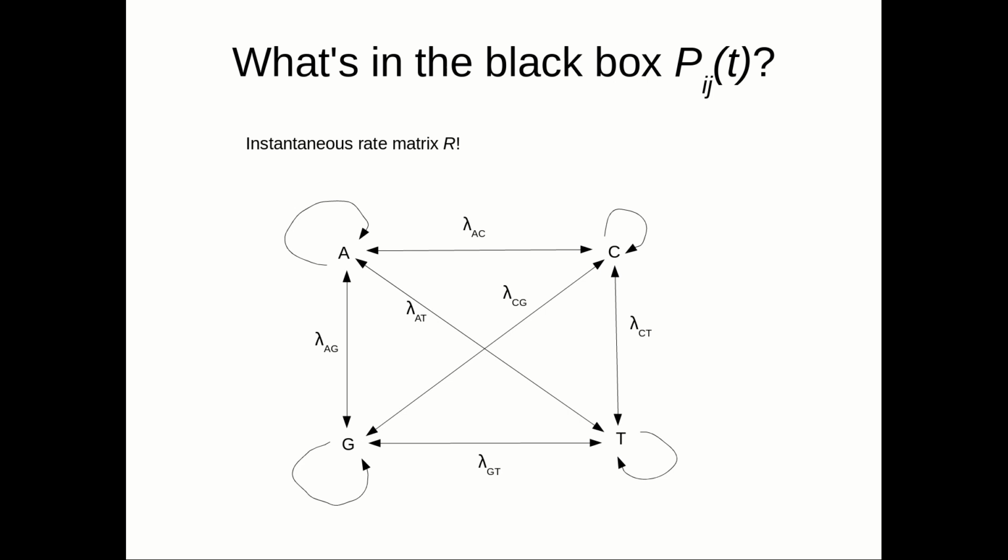First we consider an instantaneous rate matrix of transition rates in time dt, and we can see here that all states are connected with each other by some rates, which are typically denoted by lambda. So here is the instantaneous rate of going from A to C, A to G, etc.